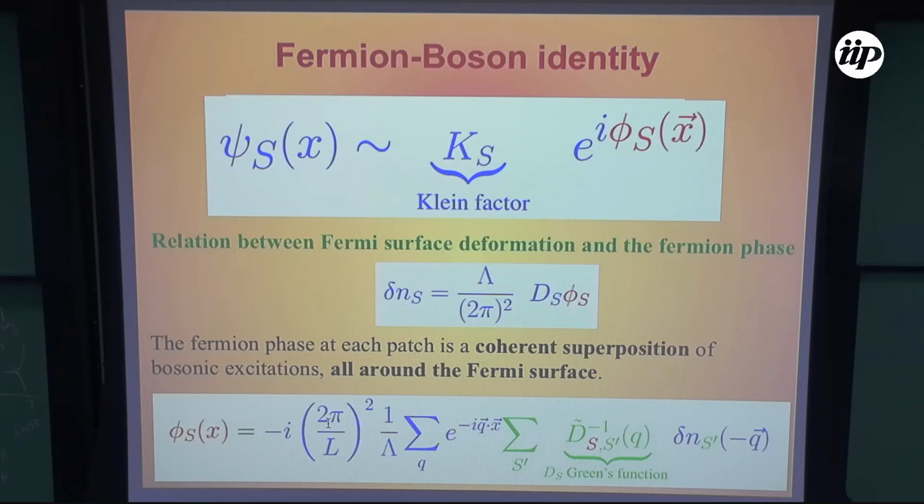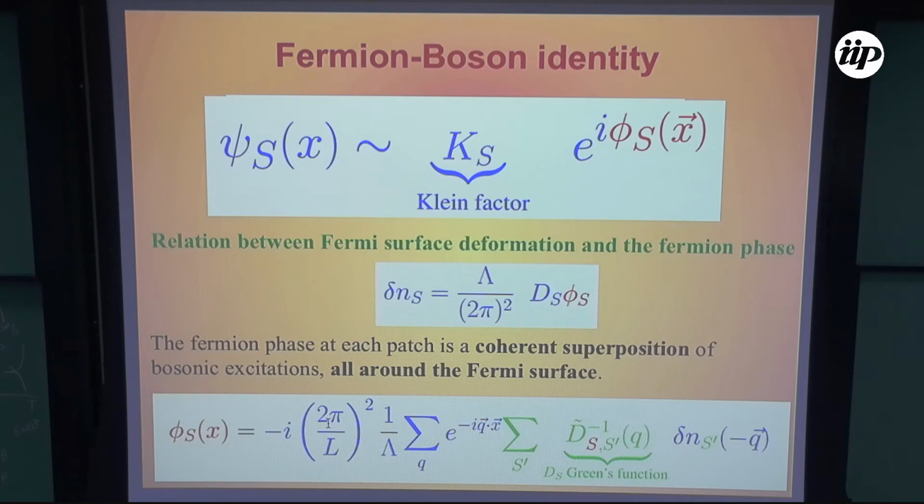So if you invert this, you see that the bosonic field is given by a coherent superposition of bosons, where the weight of this superposition is essentially the Green function of the covariant derivative. So it's not local. In order to define a fermion in one patch, the contributions to the fermionic operator in one patch are bosons all around the Fermi surface and not in one patch.